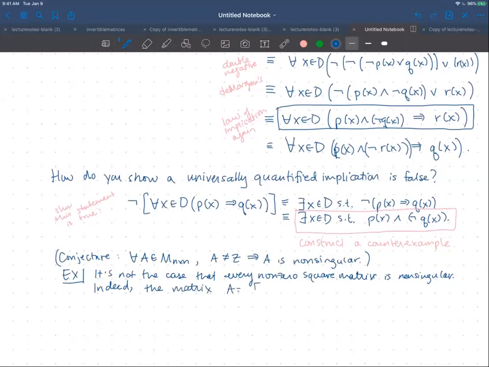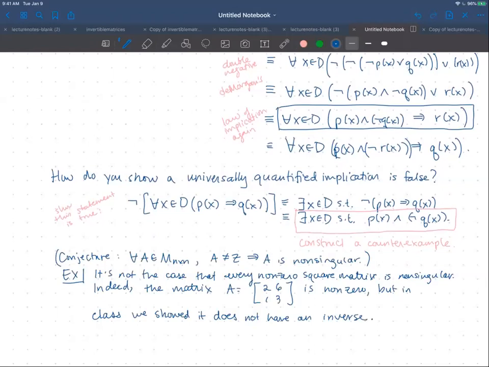A equals 2613 is non-zero, but in class, we showed it does not have an inverse. And that's the end.